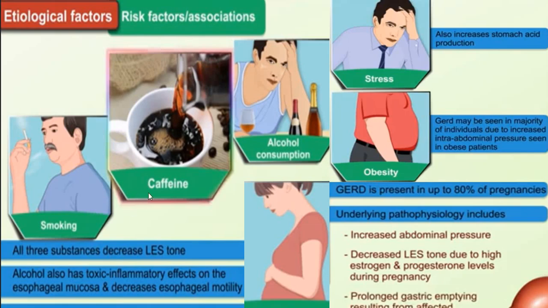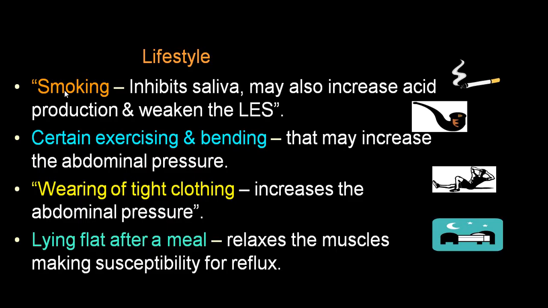So smoking, caffeine, alcohol consumption, stress, obesity, and pregnancy are very, very high risk chances for GERD and complications. Even wearing tight clothes, belts, etc. And if a person is doing exercise with bending, that will also increase the chance of GERD. Lying flat after a meal also increases the chances of GERD.